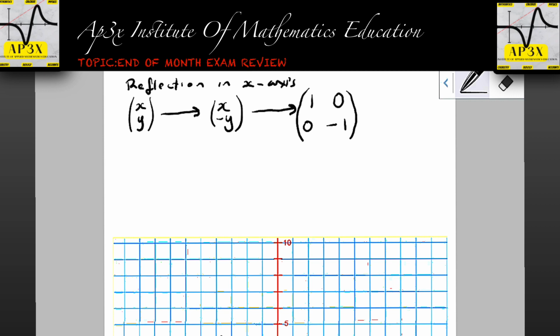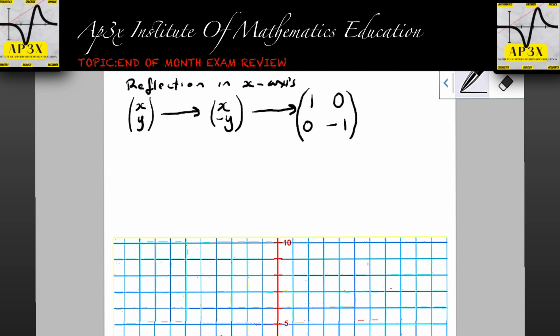So I recommend that my students focus mainly on knowing what happens to the points across the x-axis, and that is that the x remains and the y changes. For the purpose of this video, we're not going to be talking about any other reflection, just this one.